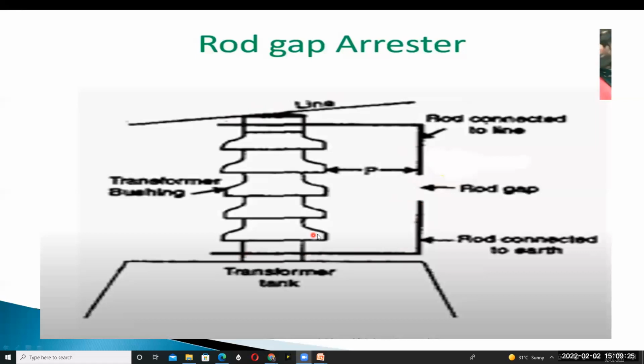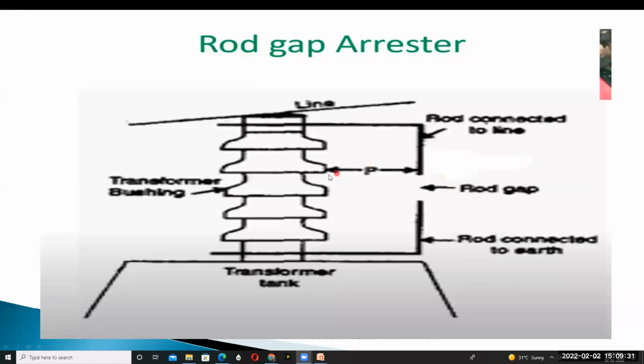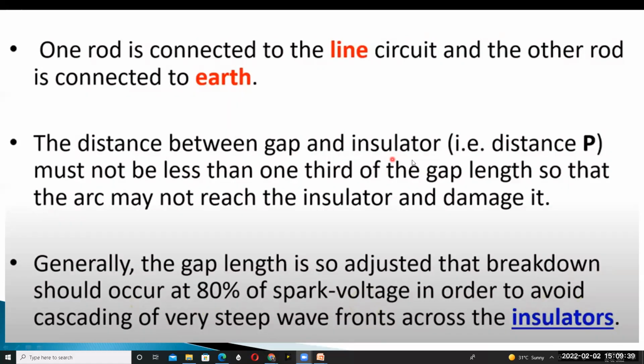The distance between the gap and the insulator is called P. The distance P must not be less than one third of the gap length, so that the arc may not reach the insulator and damage it.